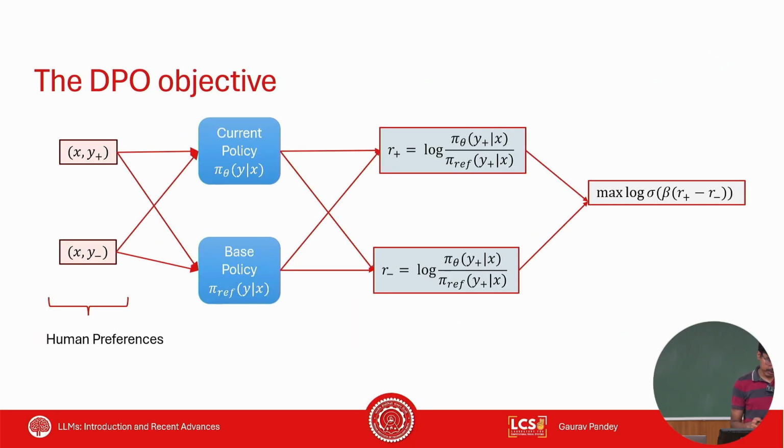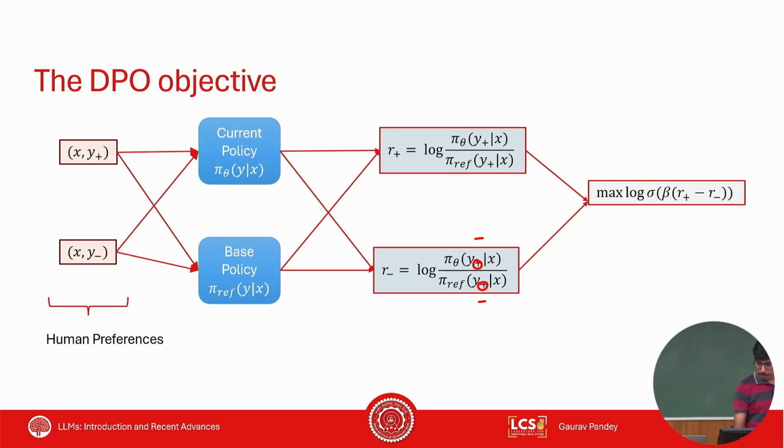So if you have to implement it, you will take your preferred response, pass it through the current policy that you're training, and then pass it through the reference policy that you started with, and compute the log probability ratio for the preferred response. Similarly, you will take the rejected response, pass it through both the policies, and compute the log probability ratio for the rejected response.